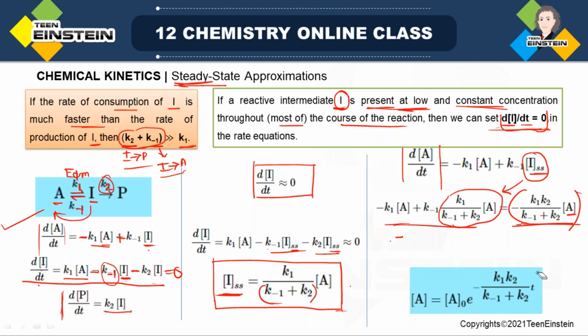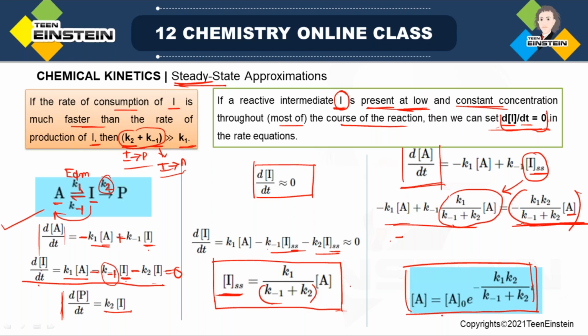And here is the other expression, for A, that is the concentration of A at any time t. If you are wondering where we are getting this expression from, basically we get it if we integrate this part, dA dt equal to this expression. After integration we will get the concentration of A. But the integration details are not required.